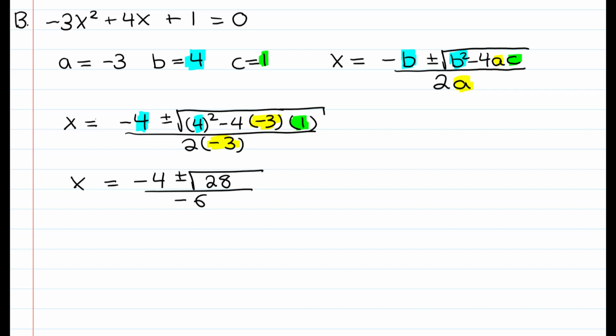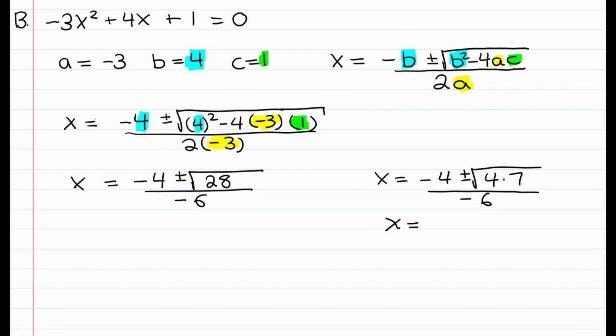In the next part, I'm going to show you how to simplify this radical. If you haven't done radicals yet, you can skip ahead to the next example. So x is equal to -4 plus or minus the square root of 28. 28 is the same thing as 4 times 7, so we can write it as 4 times 7.